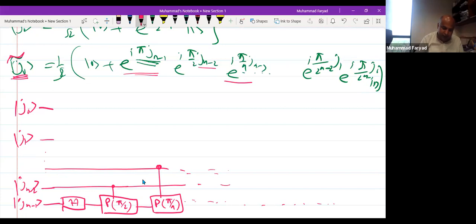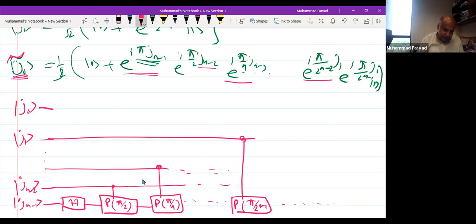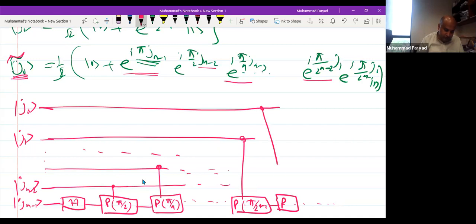At the end, I will have a gate, phase pi over 2 power n minus 2 controlled by j1, and then a phase gate pi over 2 power n minus 1 controlled by j0. So this will give me j0 tilde.